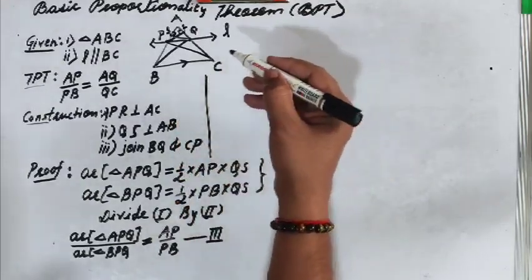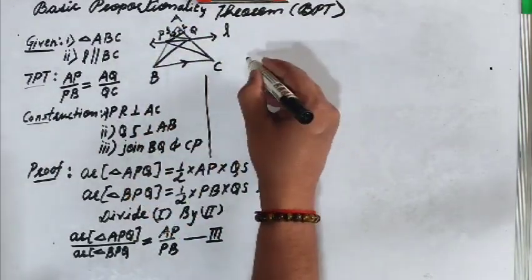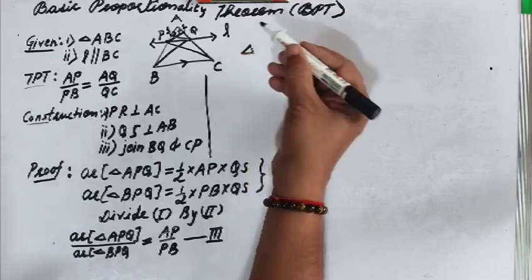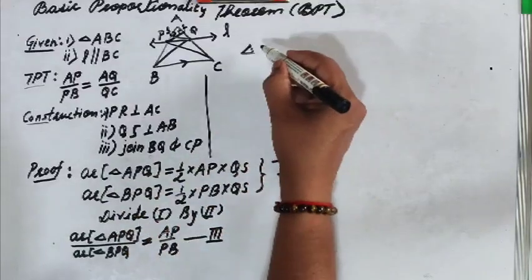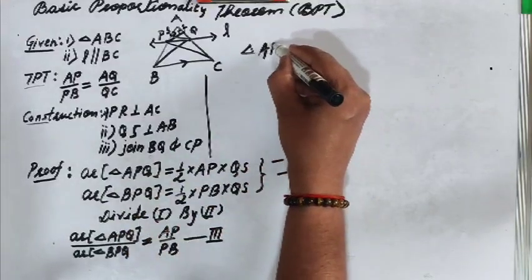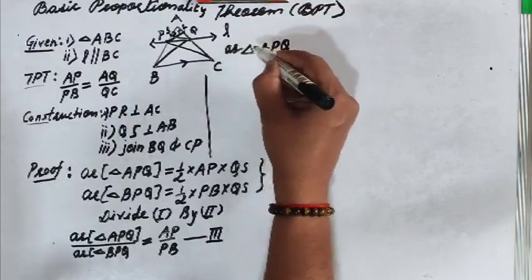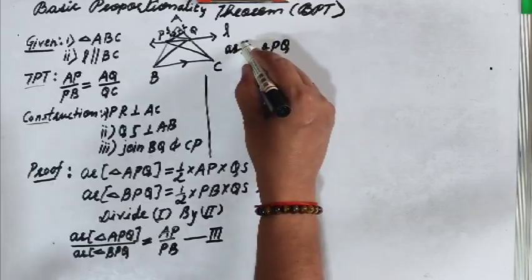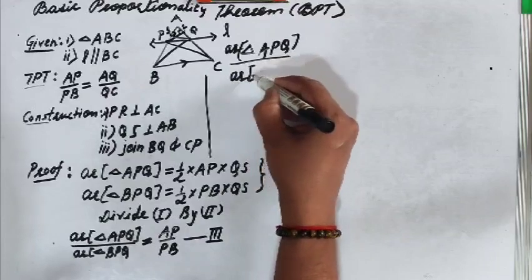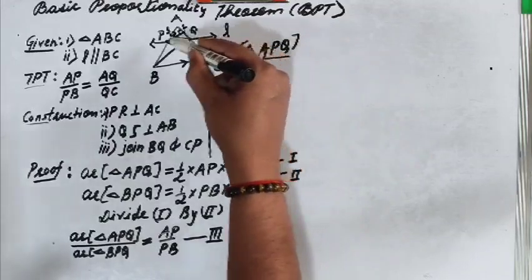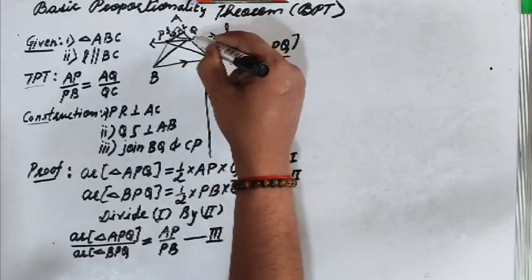After this I am taking the same triangle APQ. In the first also I took APQ. So now I am writing directly the area of triangle APQ divided by the area of triangle, which one? Now I am taking CQP. I'm sorry, CQP.